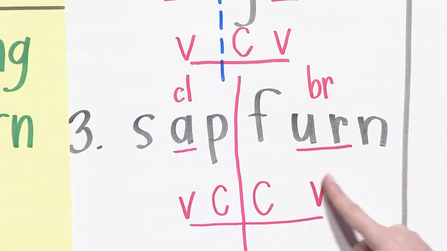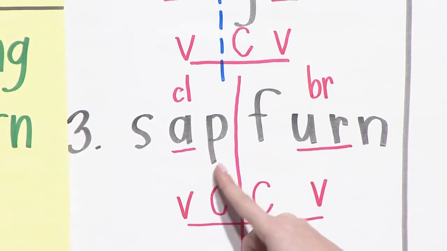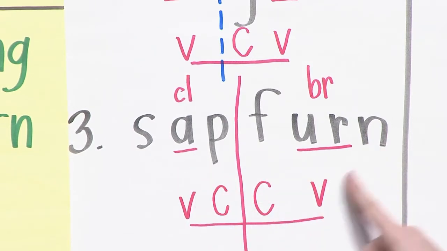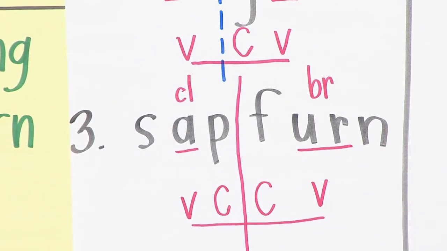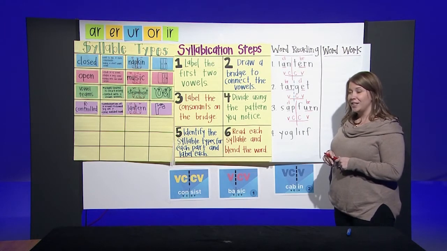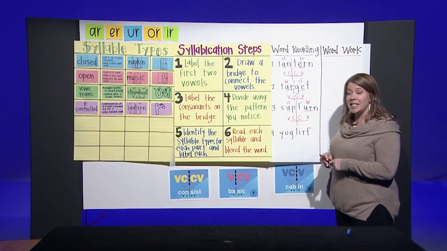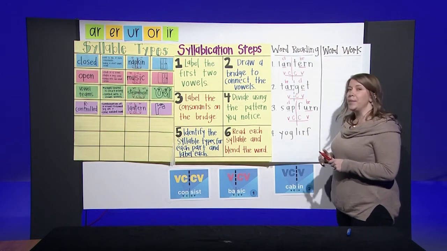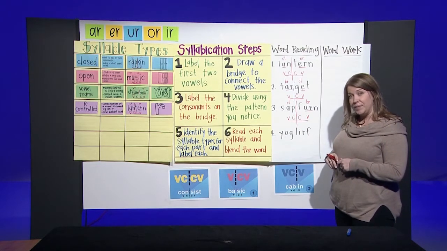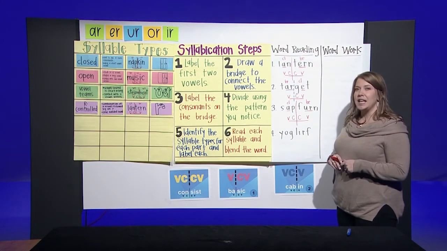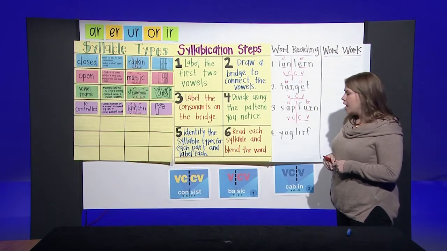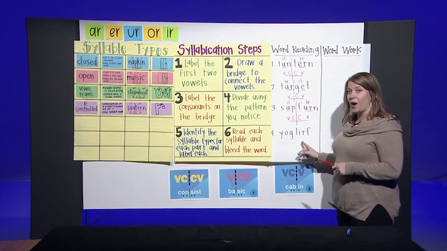Sap, fern. Sap fern. It's not a word I recognize. So it may be one of those nonsense words, but you were able to blend and read it beautifully because we followed our steps. Great practice. Let's try the last word. Can you write it on your paper?